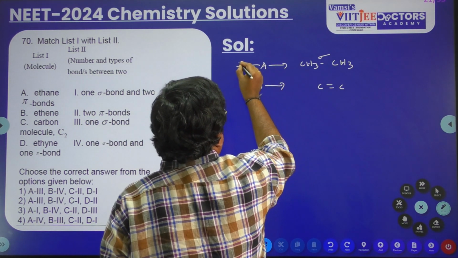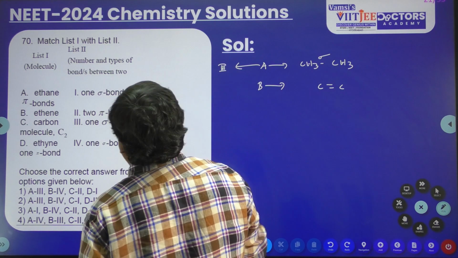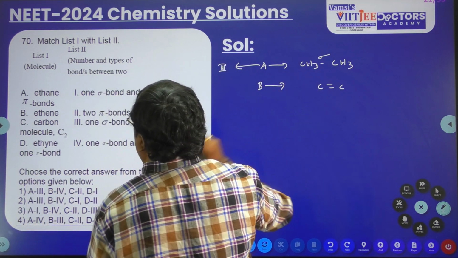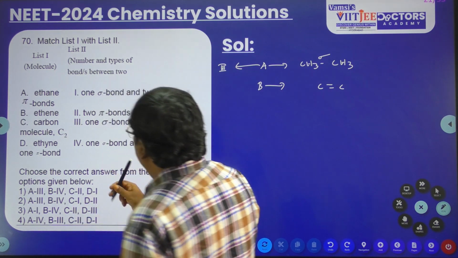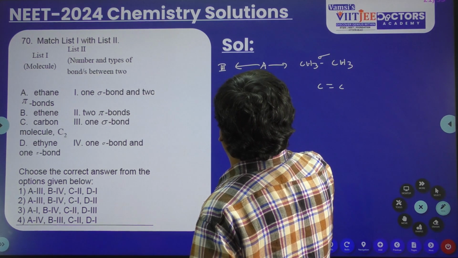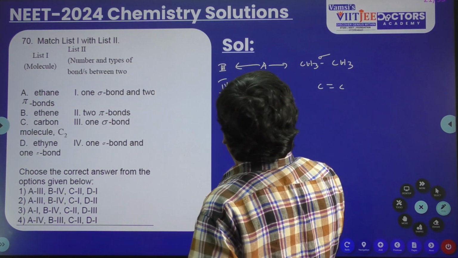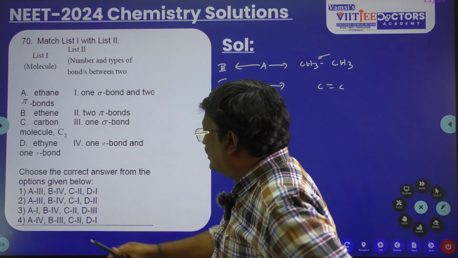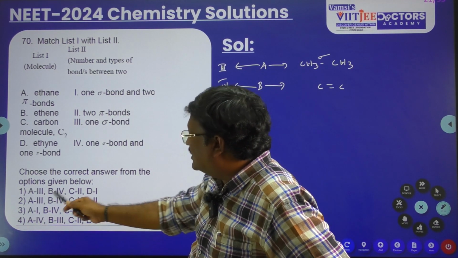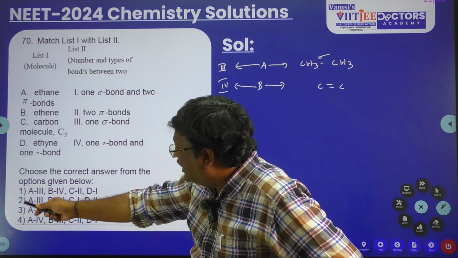A must be 3. Ethene contains one sigma and one pi bond. Where is one sigma and one pi bond? Here, the fourth option. A3, B4. A3, B4 is in both options. That's why the answer must be between 1 and 2.